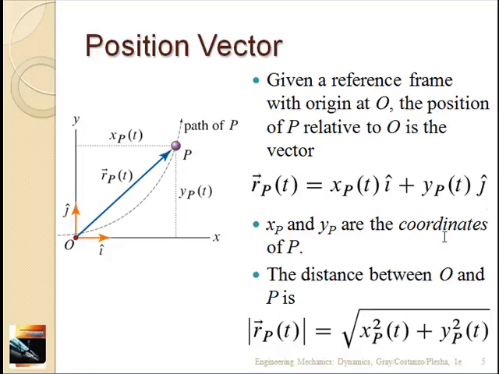If we want to know the distance from the origin to the particle at any time, we can just take the magnitude of the position vector, which is the square root of the sum of the squares of the individual x and y components.